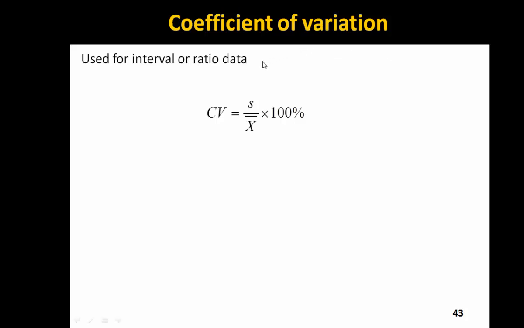Another common and helpful way to track sample variability is something called the coefficient of variation, and this is very often used for interval or ratio data. Based upon the equation here, you see that the coefficient of variation is equal to the sample standard deviation. We use lowercase s, so we have the sample standard deviation. Note that I didn't put the subscript x here, but the lowercase s or the lowercase s with subscript x are used interchangeably, so depending upon the source you read, you will see it presented in either manner.